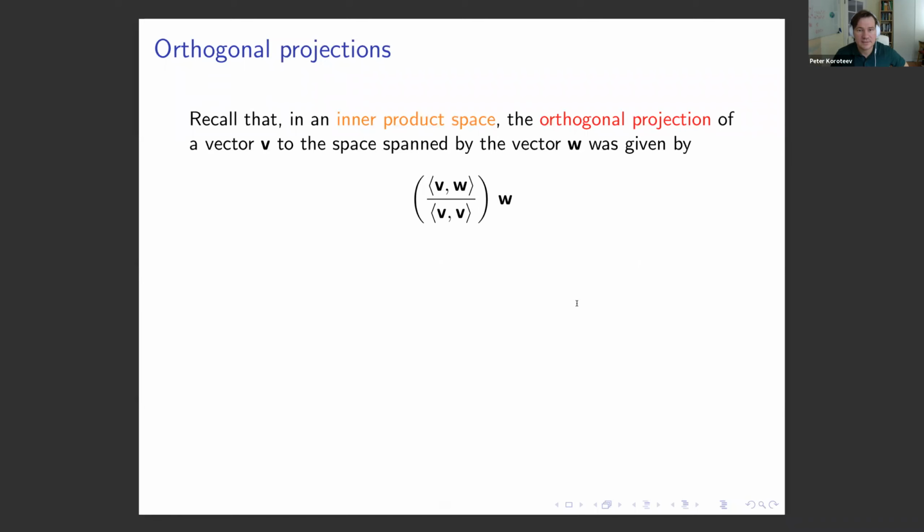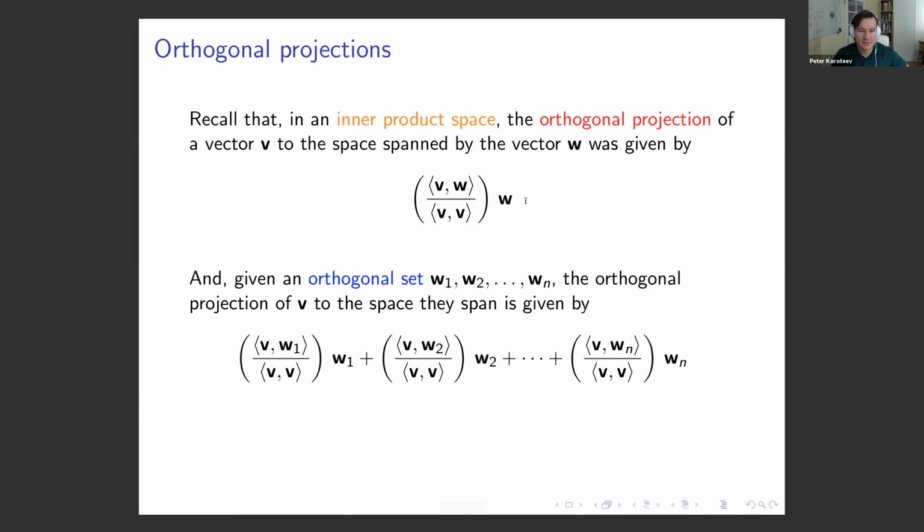So recall that in an inner product space, the orthogonal projection of a vector v to the space spanned by the vector w is given by this formula. We take the inner product of v and w divided by the length squared of w and multiply by w.